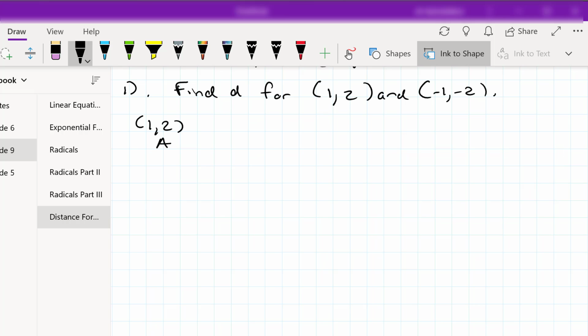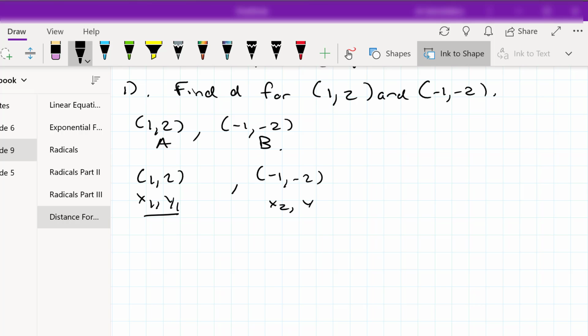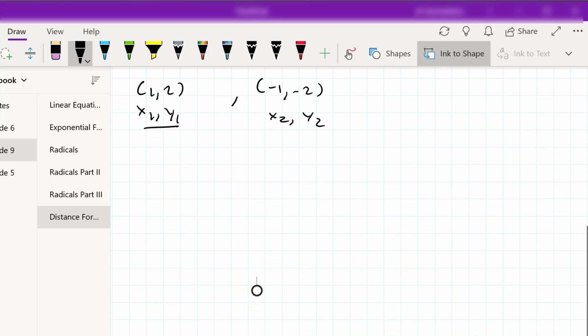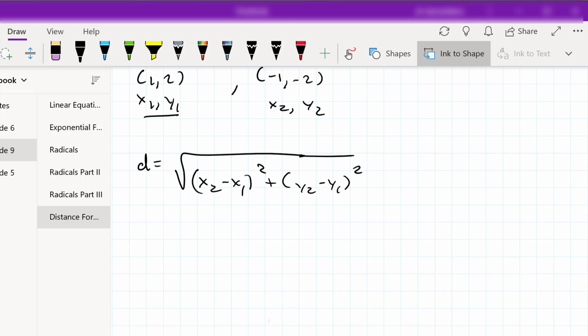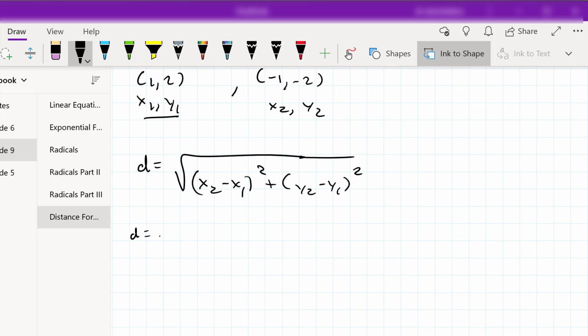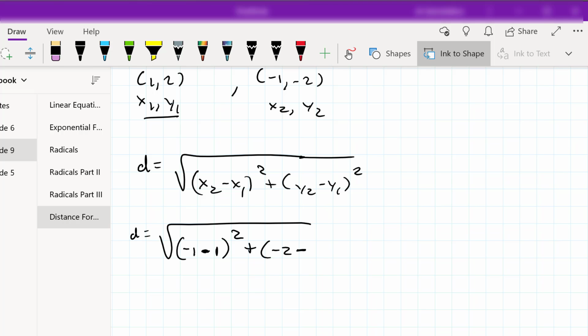If we call the first point A and the second point minus 1, minus 2 as B, and we say that 1, 2 is x1, y1, and the second point minus 1, minus 2 is x2, y2, and we apply the distance formula D as x2 minus x1 squared plus y2 minus y1 squared, we have D is equal to x2 is minus 1 minus x1 is 1 squared plus y2 is minus 2 minus y1, which is 2, and we square that.